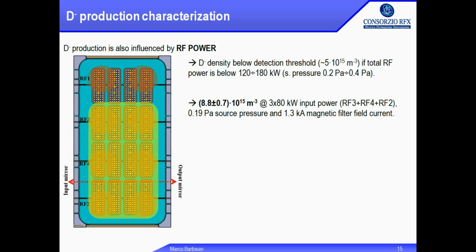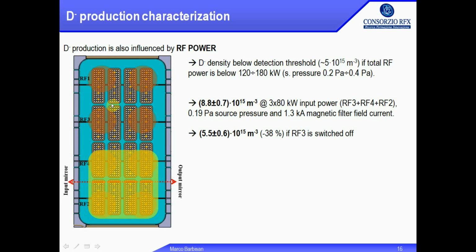Also, the plasma drivers were selectively activated. Indeed, each couple of plasma drivers receives RF power from a separate generator. In this case, by activating these 3 couples of plasma drivers, and with a total RF power of 240 kilowatts, a negative ion density of 8.8 times 10^15 D- per cubic meter was obtained.